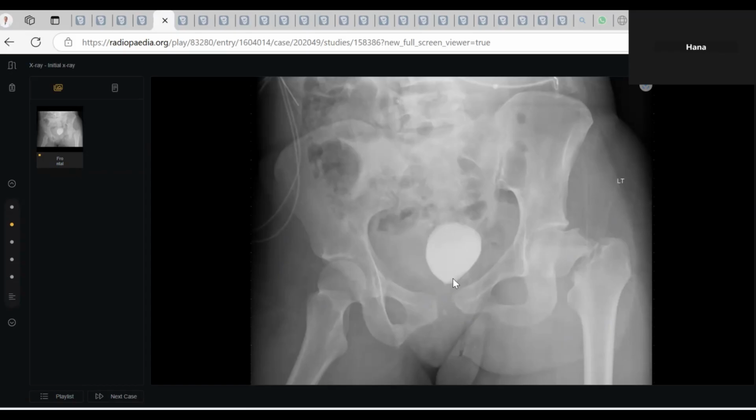Second point, this is not a plain film, this is an ascending cystourethrography, and you can see the bladder size is reduced, and there is some soft tissue density here displacing the colonic shadows and the bladder. This gives what we call the molar tooth sign. What will we do next?